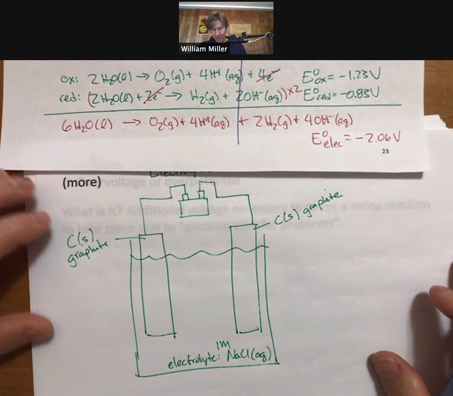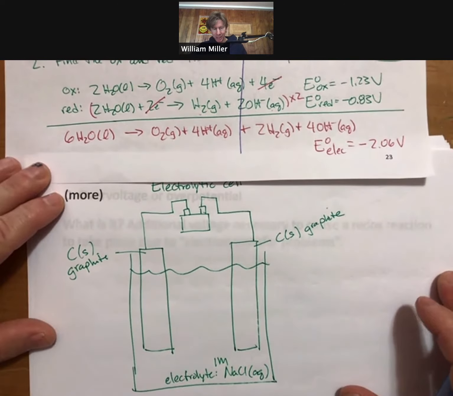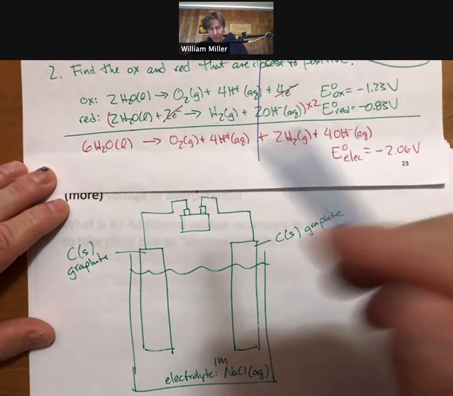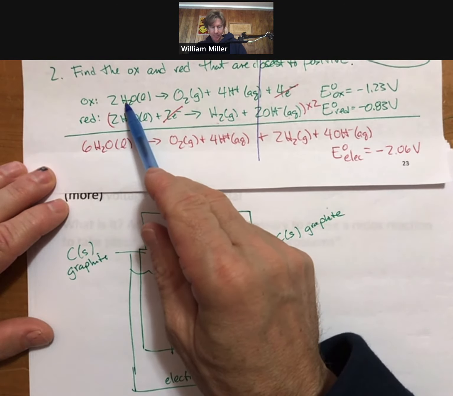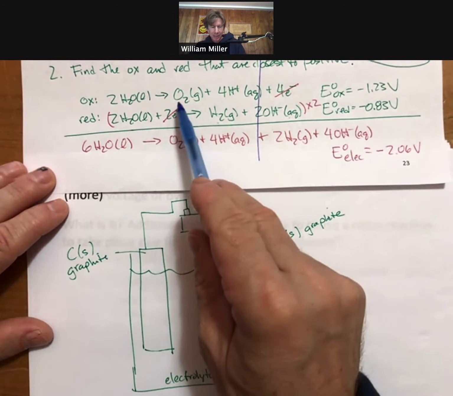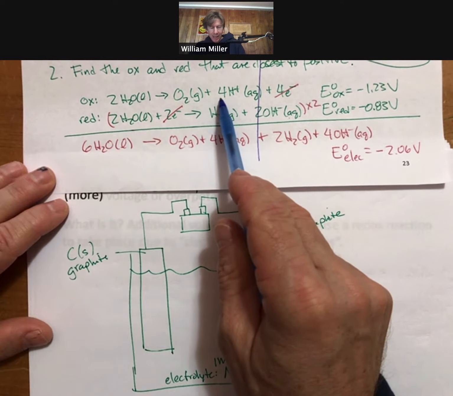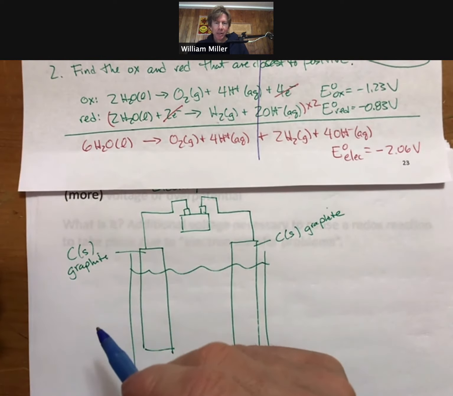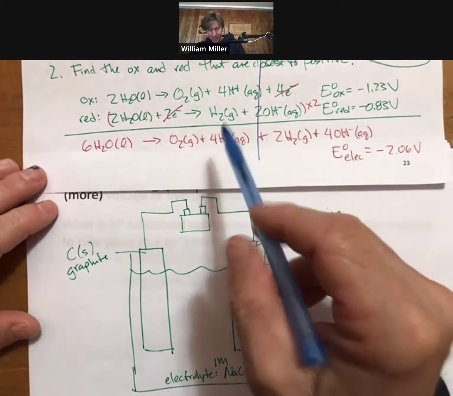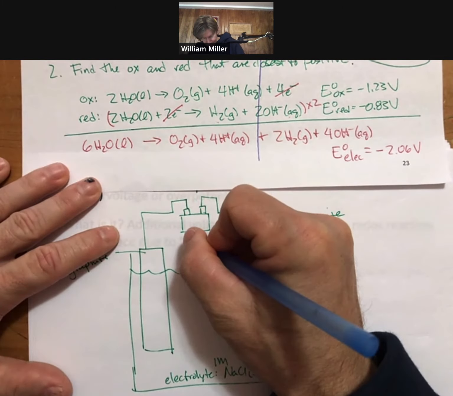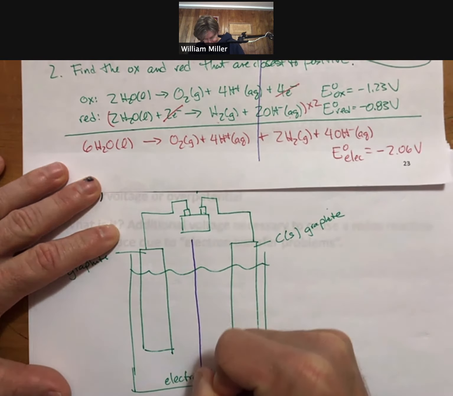And now I know my 2 half reactions. They're going to be take water on my oxidation side and turn it into oxygen and hydrogen ions. And, I mentioned the fact that I'm going to keep my 2 parts separate. So I'm going to put a sort of a divider down here.